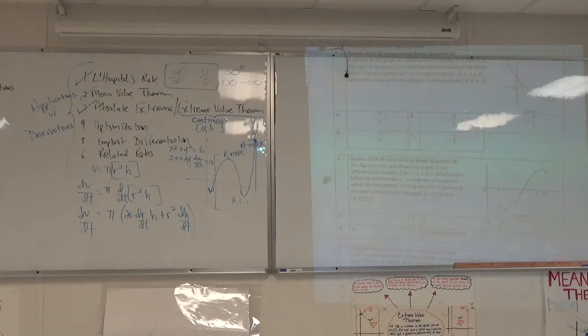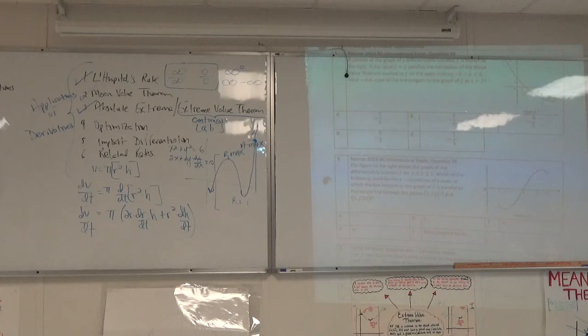Because it has to be continuous. Do we know if it's continuous on the interval? Well, if it's different, then it's continuous. Right.